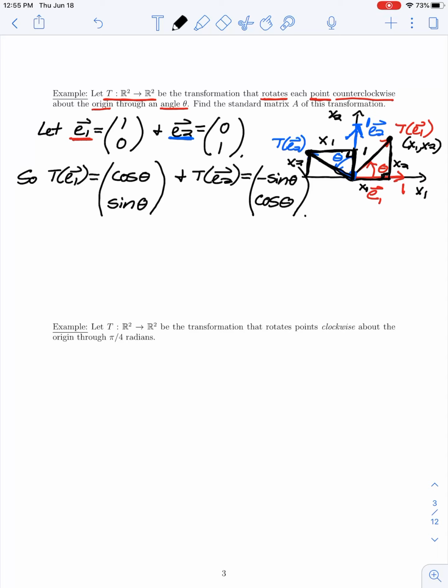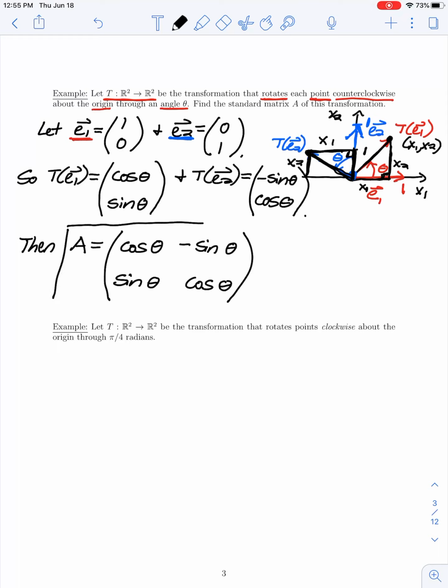Once I have the image of E1 and E2 under this transformation, the standard matrix A for that transformation would have a first column of the image of E1, which was cosine theta, sine theta. And the second column would be the image of E2, that is negative sine theta and cosine theta.